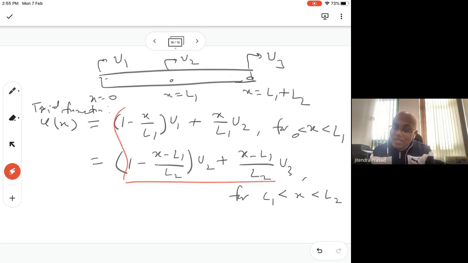Mathematically, you can write it like this only; there's no other way. So this is how you assume the trial function to be. You solve it, and you get the solution like that.